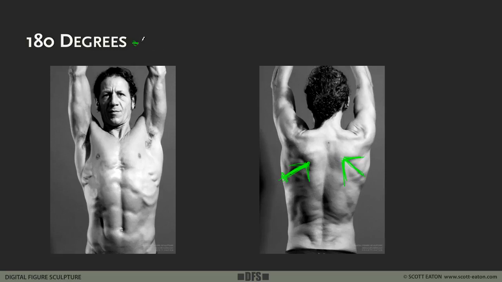So 180 minus 30 gives us 150. And then if we half 150, that should give us 75 degrees of rotation in the scapula, right? So probably this is what we would expect on this side based on this formula.